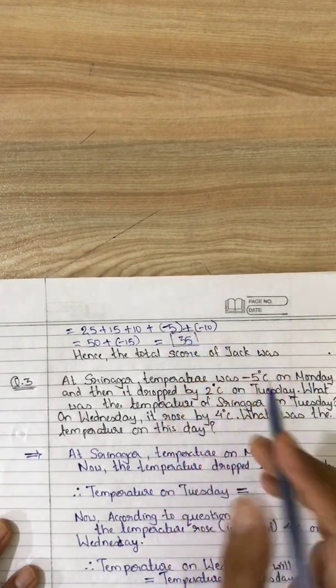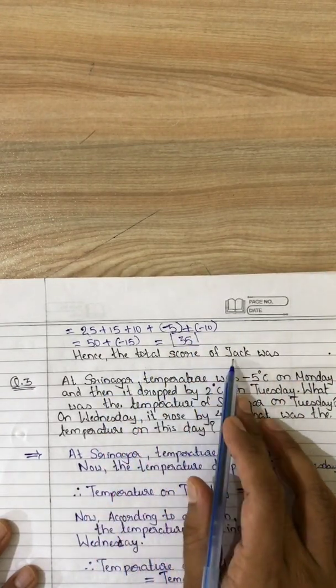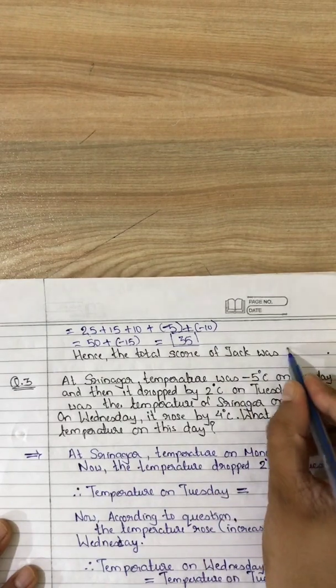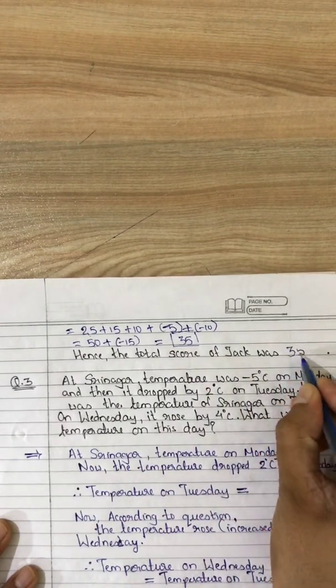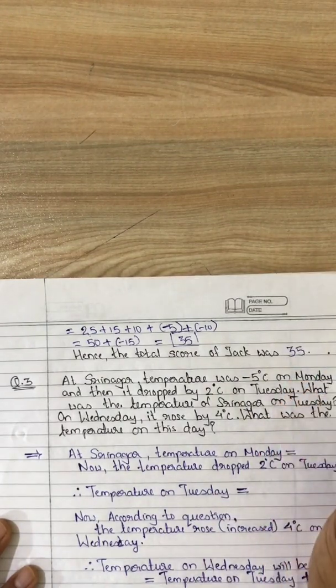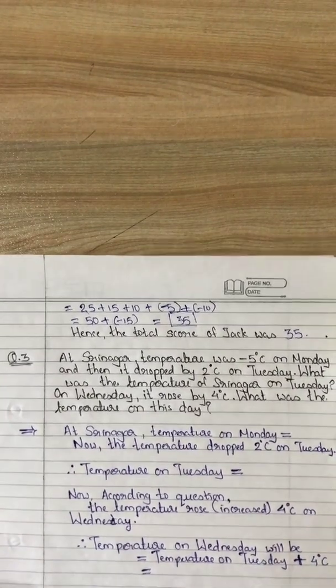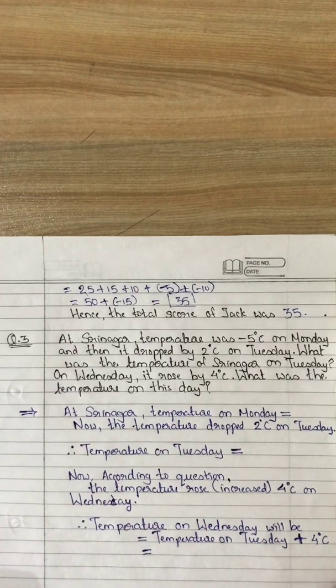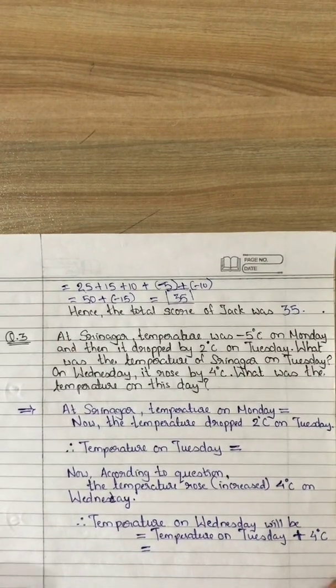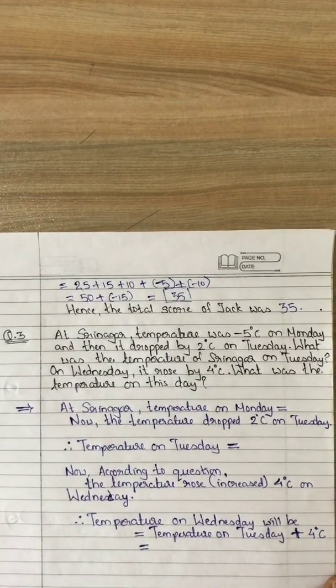Hence the total score of Jack was 35. Hope you have understood this question. Now let us move to the next question, that is the last question of today's lecture.